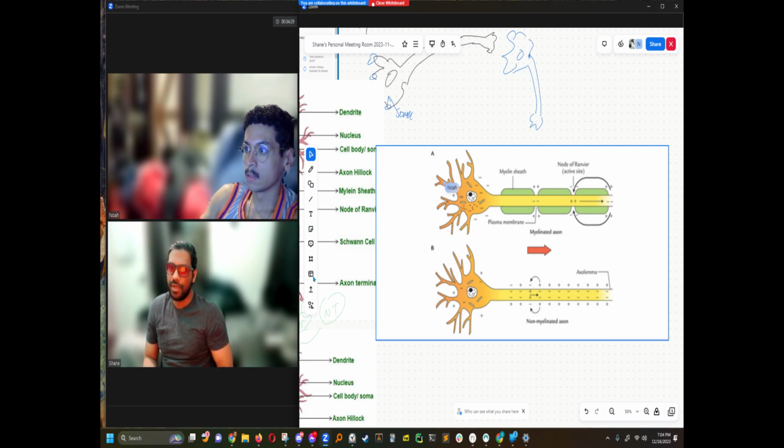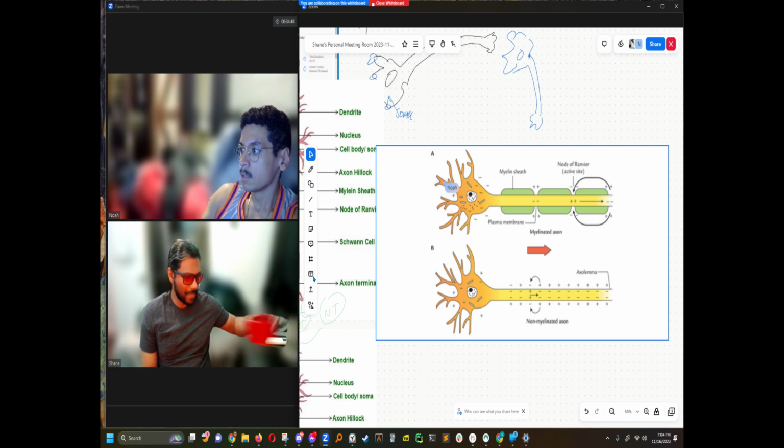But in the myelinated axon, it jumps, and that makes it significantly faster. All right, perfect.